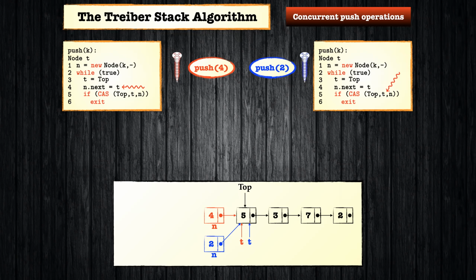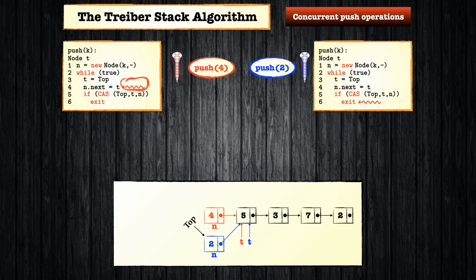Remember, this is what this tells us: is top equal to t? It's t, which is the blue t. If yes, then the top has not changed. And in such a case, make top point to n, the new node, which is what we have here. So now the blue thread was successful, in fact.